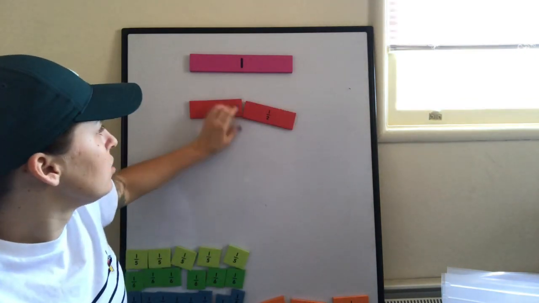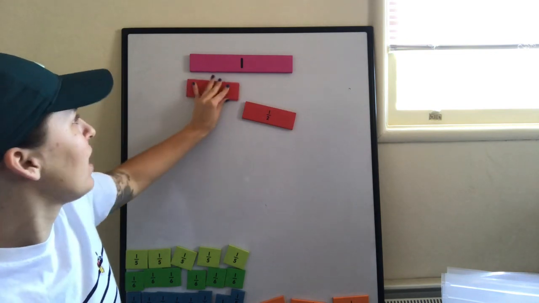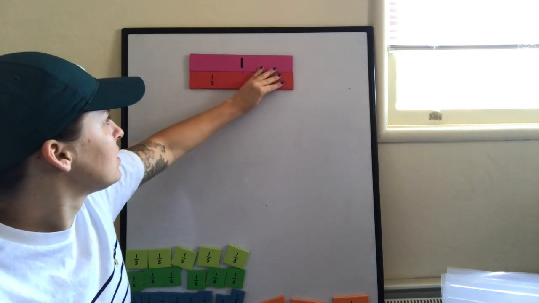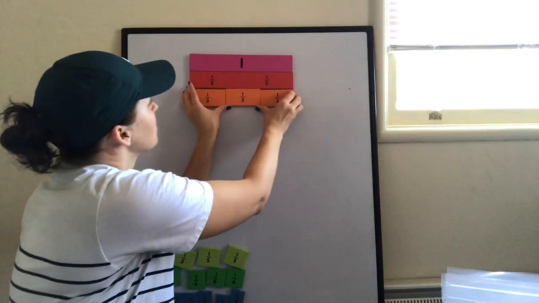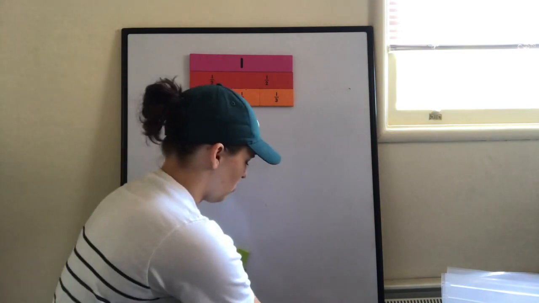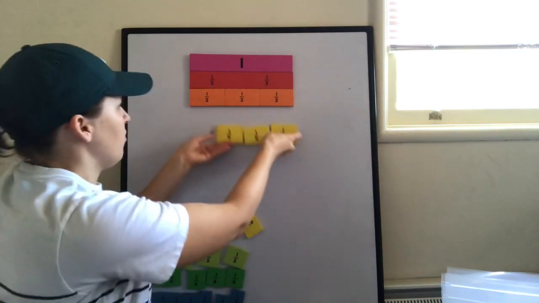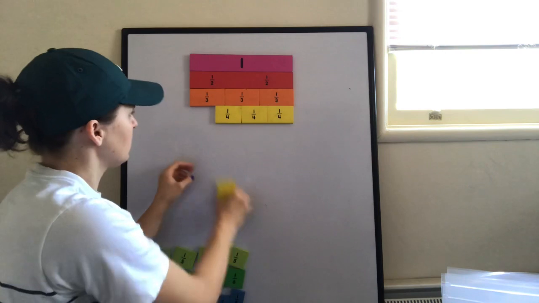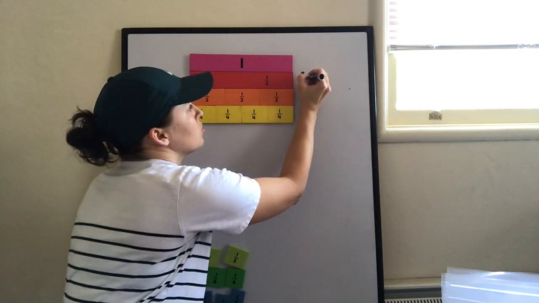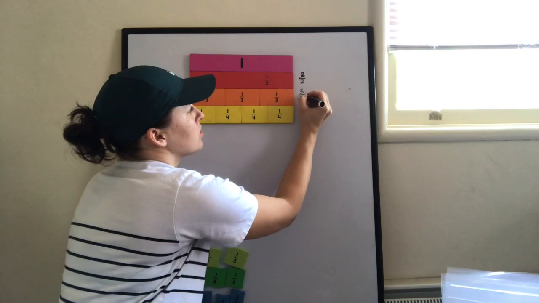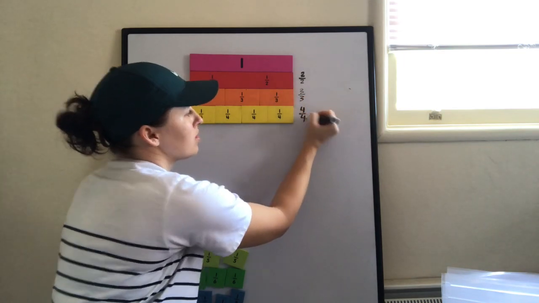These are 2 halves, right? 2 halves is the same as 1 whole. 3/3 is the same as 1 whole. 4/4, right? Because every time I have 2 halves, 3/3, 4/4.